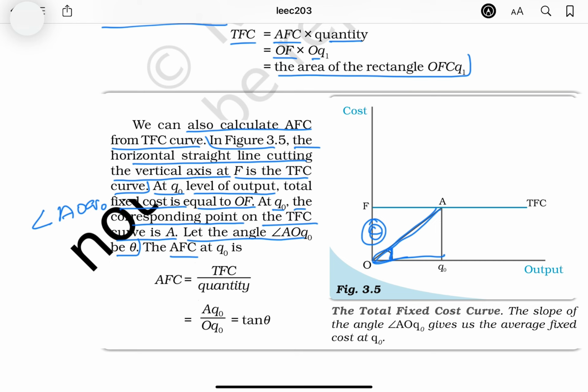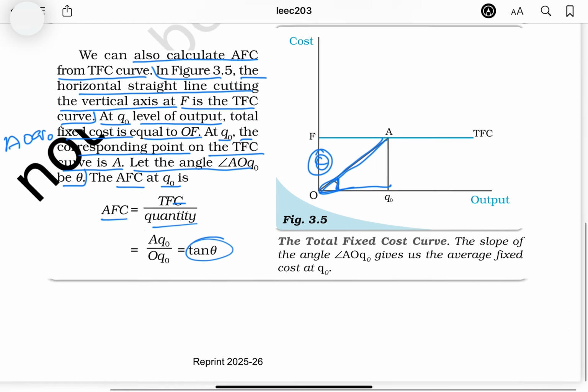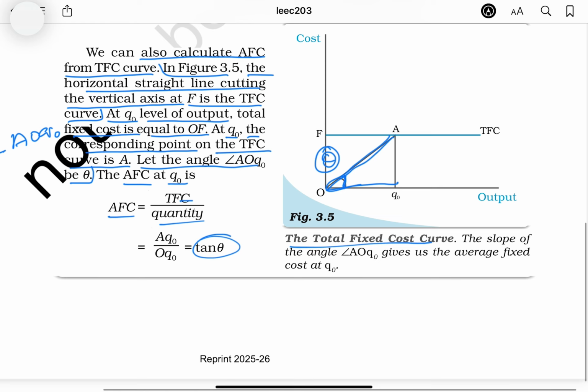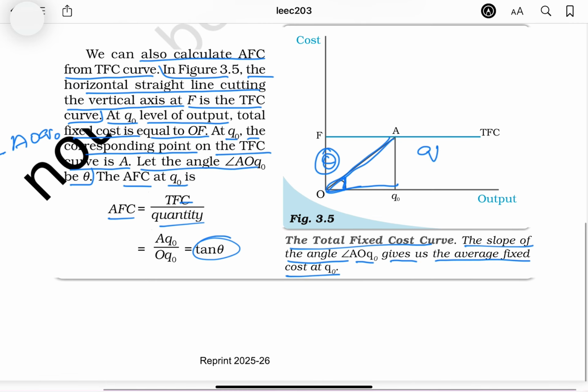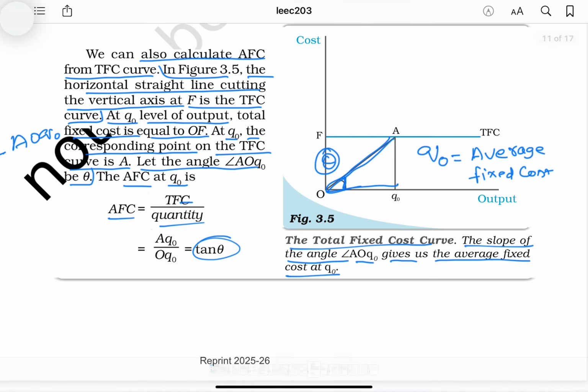The AFC at Q0 is TFC divided by quantity और क्या आ जाएगा आंसर tan theta. The total fixed cost curve, the slope of the angle AOQ0 gives us the average fixed cost.